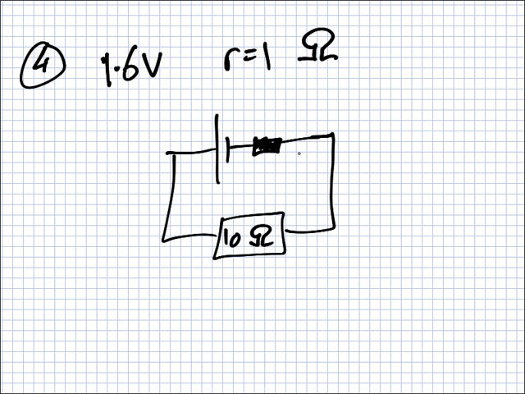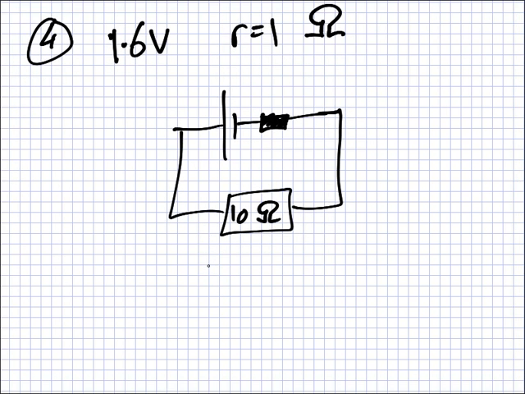Determine the current which will flow through the resistor. Fine, okay. What will we use? We could just use V = IR, couldn't we? So I equals V over R, which is 1.6 over 11.